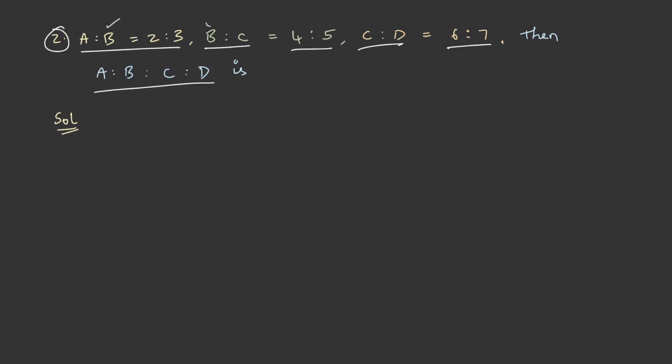One is by equating the ratios, which is pretty lengthy, but in this question, let's try to keep it as simple as possible. A is to b is to c is to d is what we have to find. Let's write down the ratios below: a is to b is 2:3, b is to c is 4:5 and c is to d is 6:7.